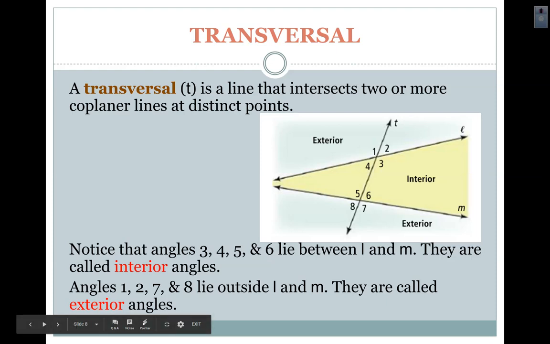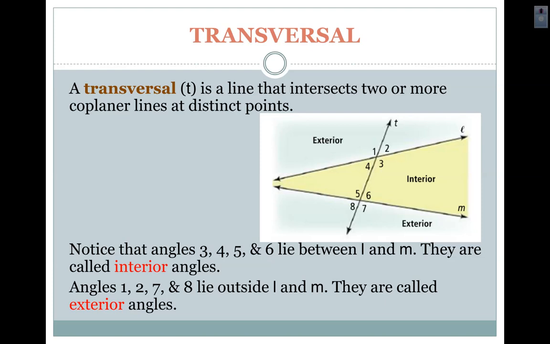Now for each set of angles, they're going to create a special relationship. One thing that we've already talked about before is that you need to recognize vertical angles. So 1 and 3 are vertical, 2 and 4 are vertical, 5 and 7, 6 and 8 are vertical angles. We know those are congruent. And also, just by looking at this picture, we know that 2 and 3 form a linear pair. Same with 1 and 2, 1 and 4, 3 and 4.